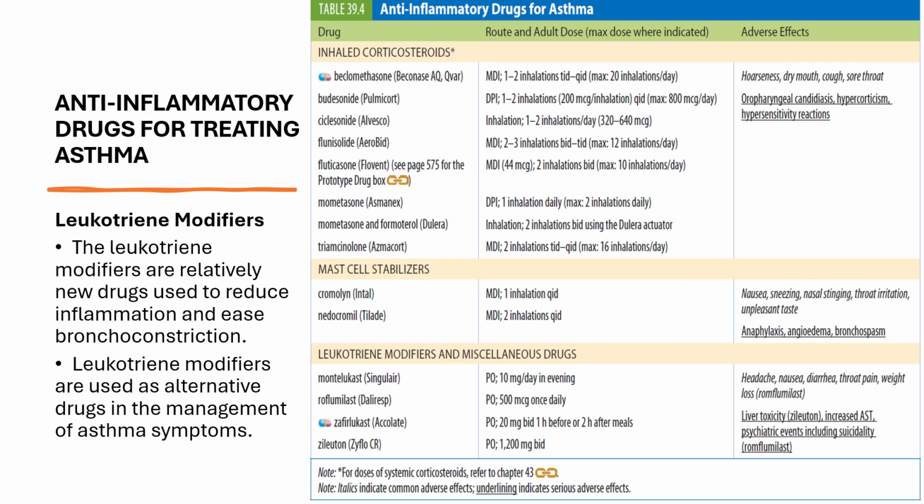Because of their delayed onset, leukotriene modifiers are ineffective in terminating acute asthma attacks. The current role of leukotriene modifiers in the management of asthma is for persistent asthma that cannot be controlled with inhaled corticosteroids or short-acting beta agonists.